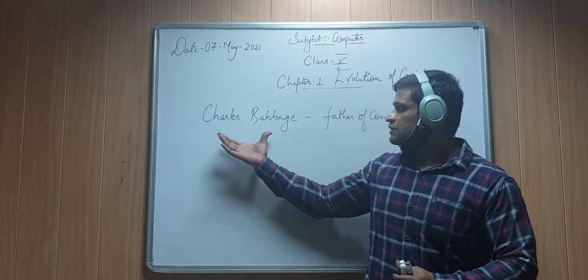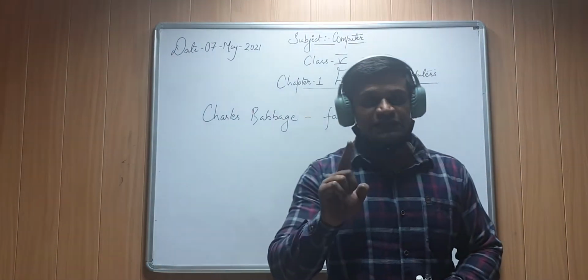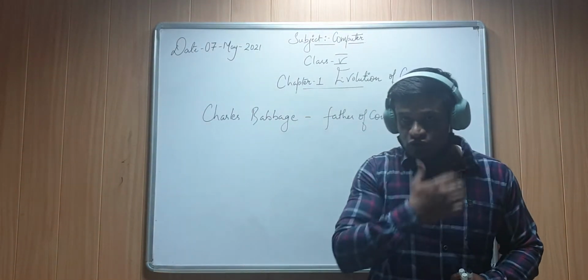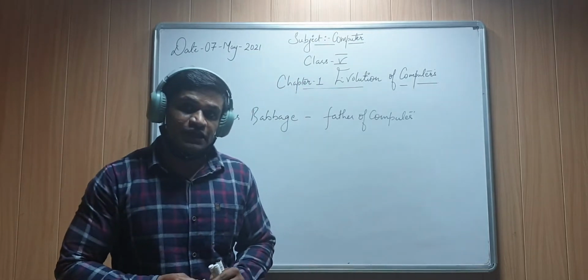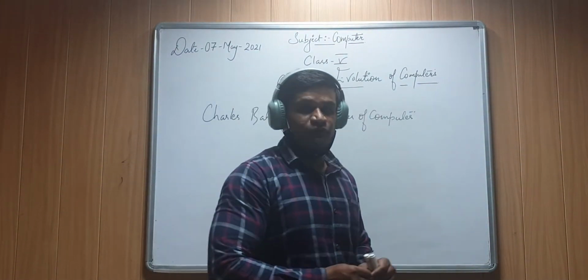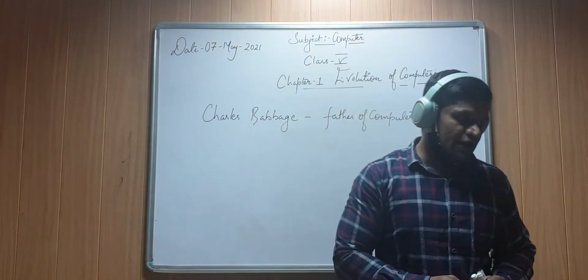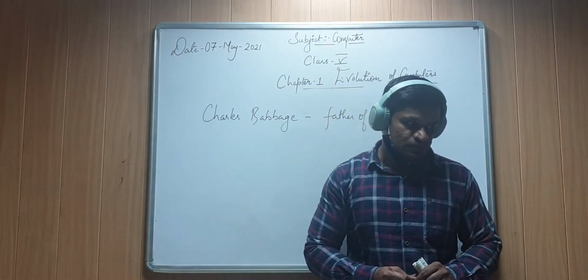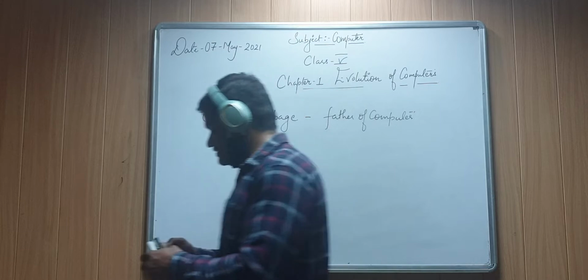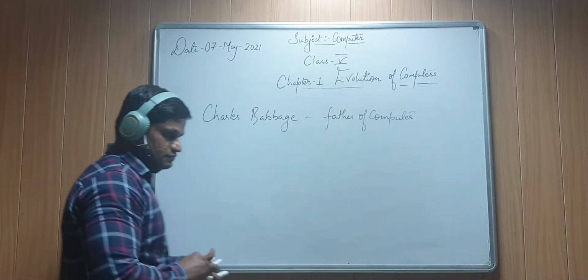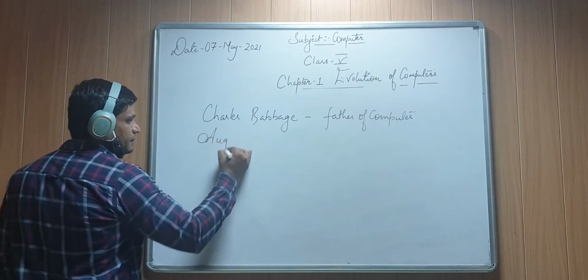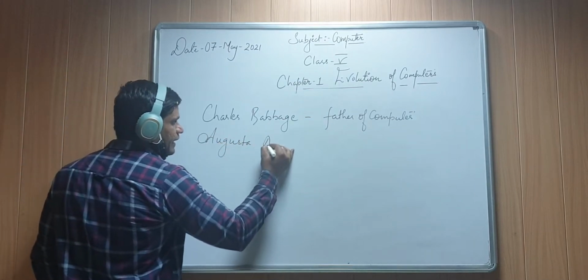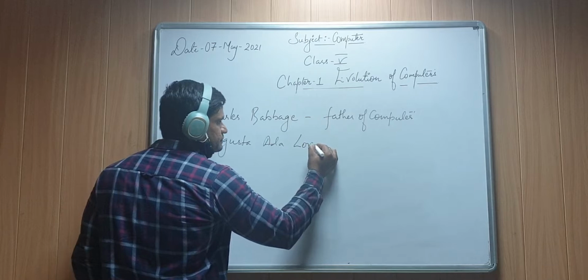So the first person who made his contribution is Charles Babbage, also known as the father of computers. He made the difference engine and also worked on the analytical engine. The next person is Augusta Ada Lovelace.